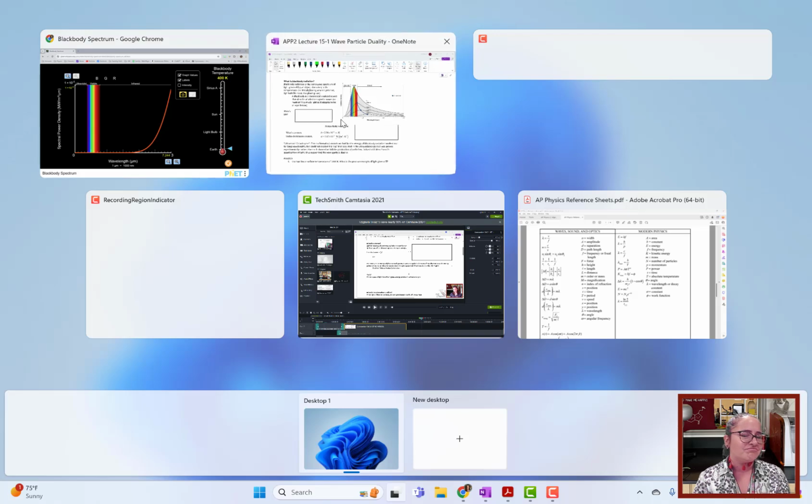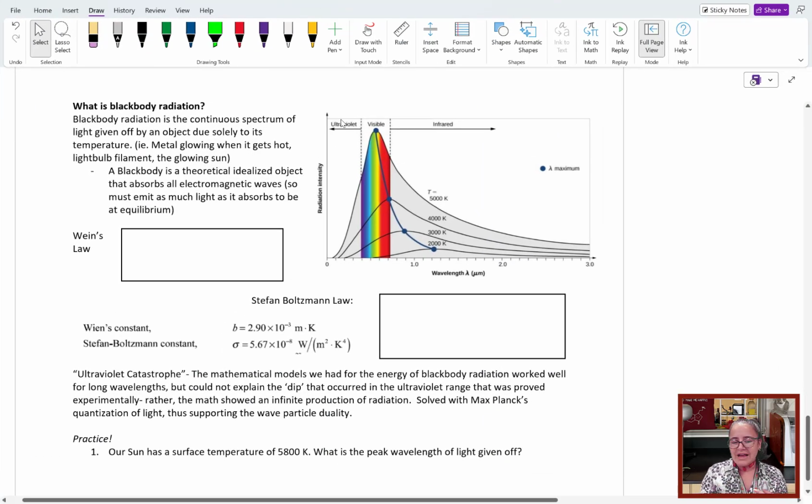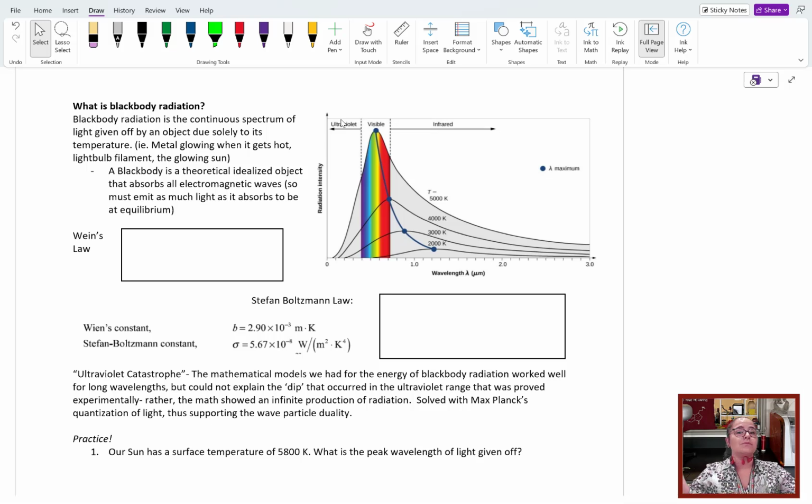Well, not quite. A blackbody is a theoretical idealized object, one that absorbs all electromagnetic waves that hit it and emits electromagnetic waves based solely on its temperature. Now, while this is an idealized object, we use it a lot to talk about things like stars and planets and how we analyze those.